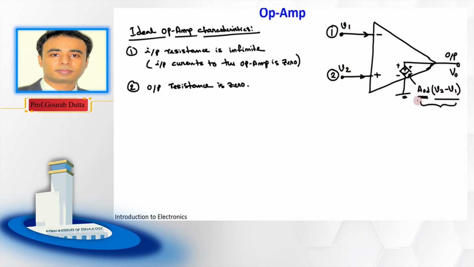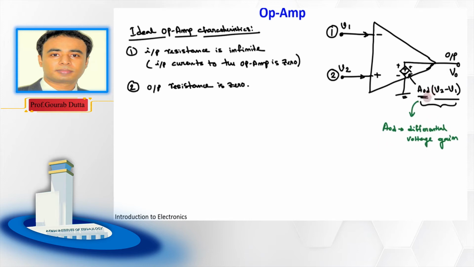Here this A_OD term is called the differential voltage gain. And for an ideal op-amp, this differential voltage gain is actually infinite.